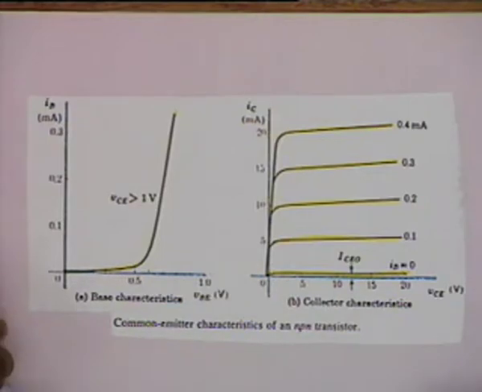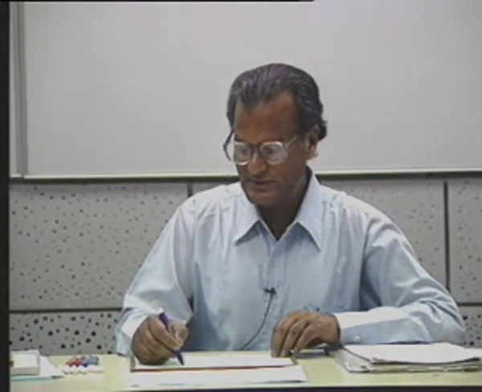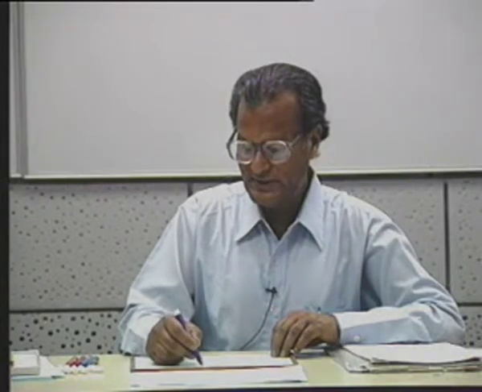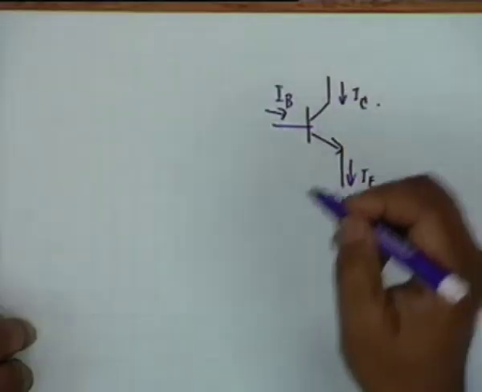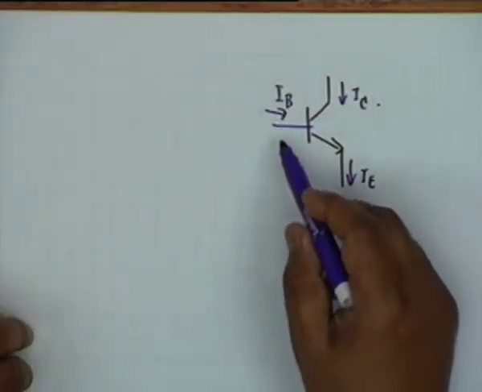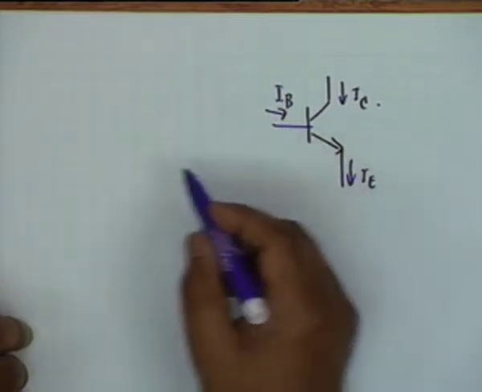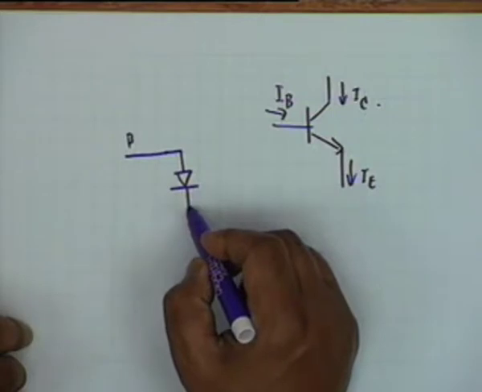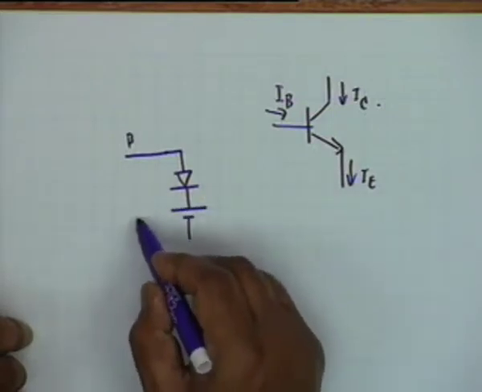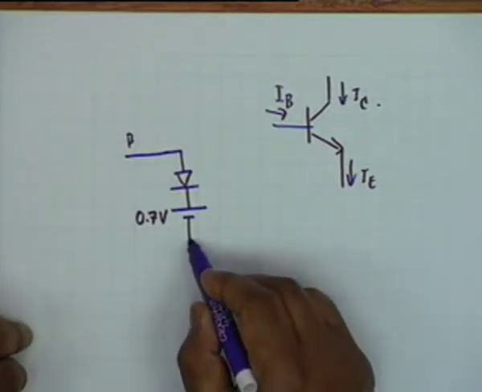And as I said, we approximate the DC operation of the common emitter transistor, in which there is a current I_B, there is a current I_E, and there is a current I sub C. The input junction, base emitter junction, is a forward bias diode, and if this is silicon, then we approximate this by means of an ideal diode in series with 0.7 volt DC voltage, and this leads us to the emitter.